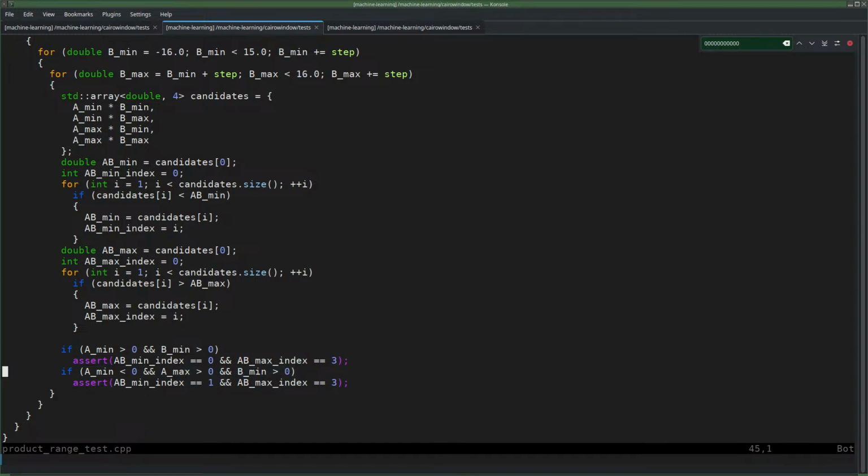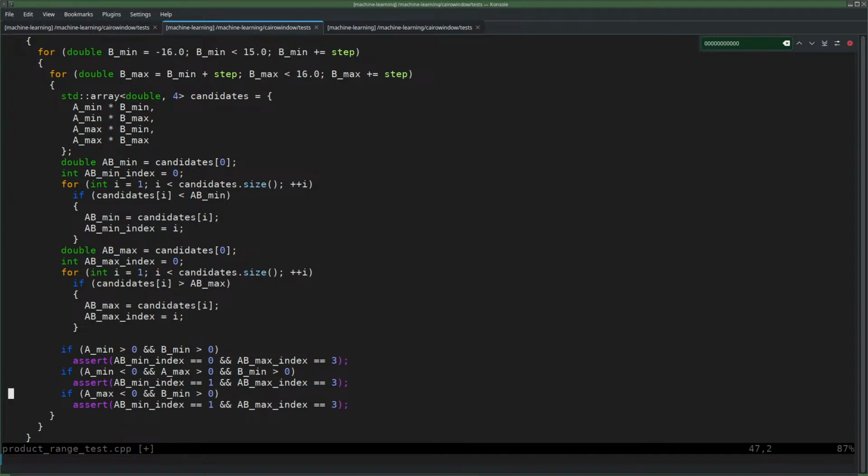Yeah, no, I think so. We have only 3 possibilities for A min and A max. Both are larger than 0, or min is less than 0 and max is larger than 0, or both are less than 0. They can also be equal to 0, by the way, in which case it probably doesn't really matter, so we can get just randomly one of them.